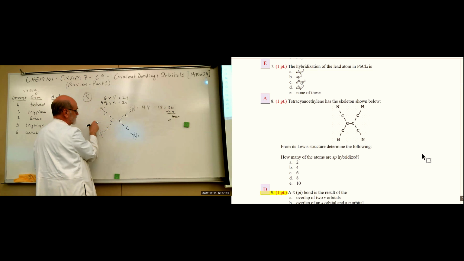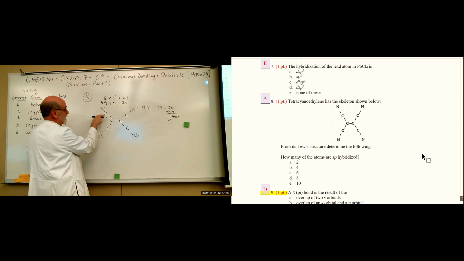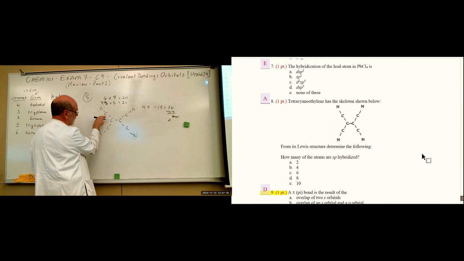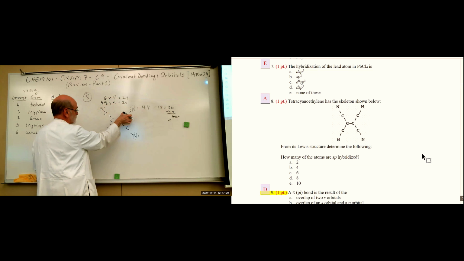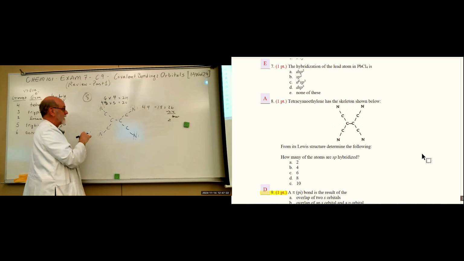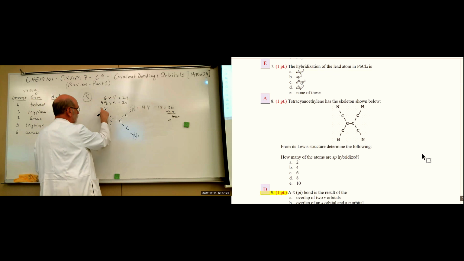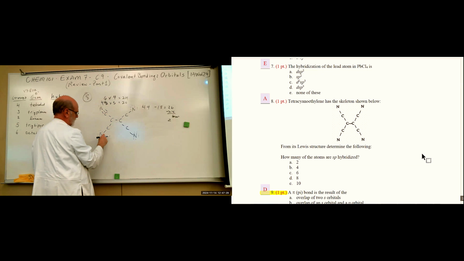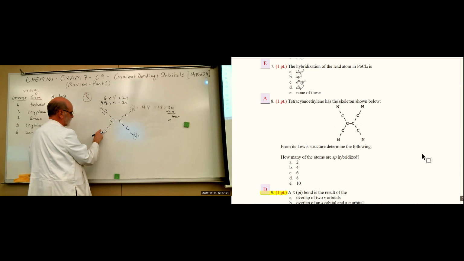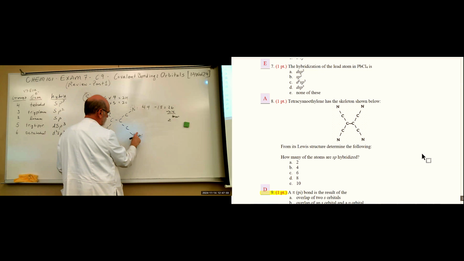But then how about these? Well, this octet can be made up from each one of the nitrogens. So we could move 2 of those over here like that. So you got an octet there, and just do the same thing all the way around with nitrogens.